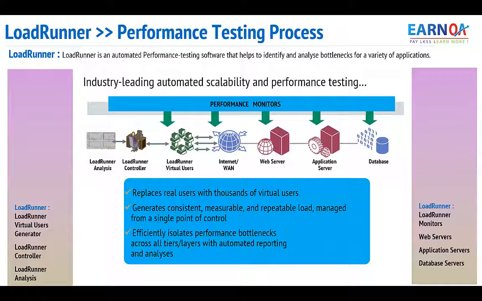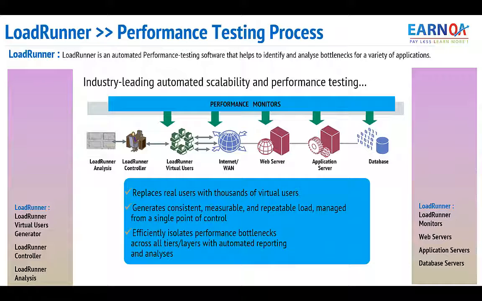As we use these LoadRunner components, we need to monitor, measure, and get the performance parameters from web servers, application servers, database, and from the applications. This is the simplest way to understand the load or performance testing process.